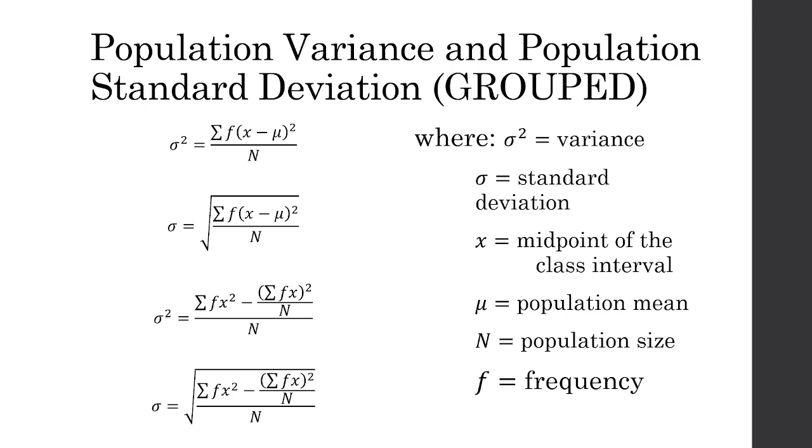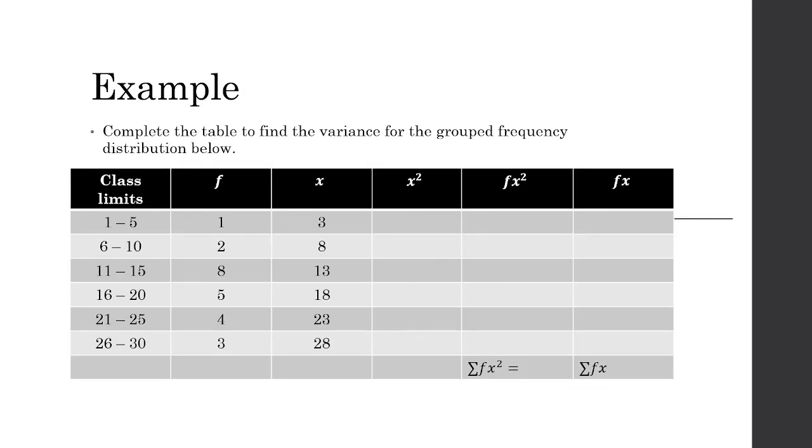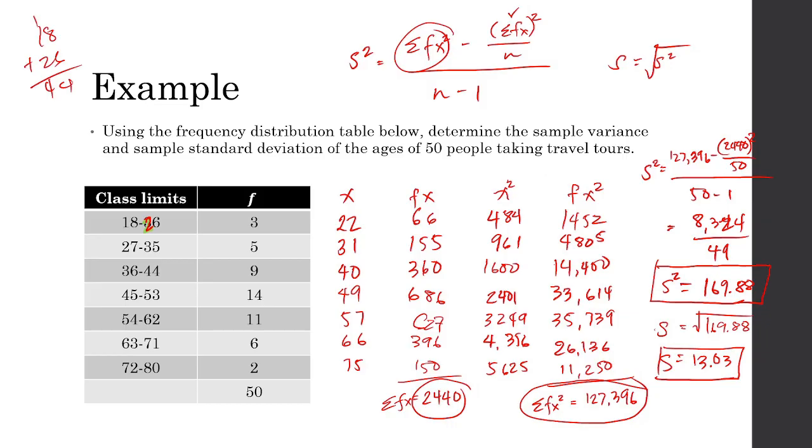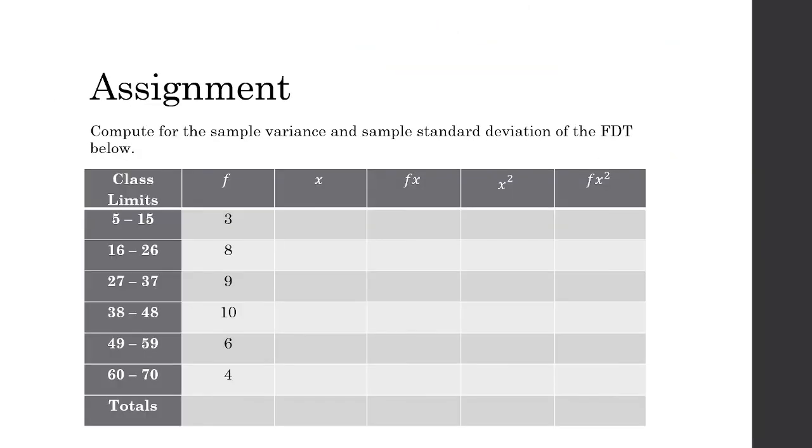Halos similar lang din siya. And ayun, ang pinagkaiba lang nila ay yung n-1. So that is the difference between your population variance and population standard deviation to your sample variance and sample standard deviation.